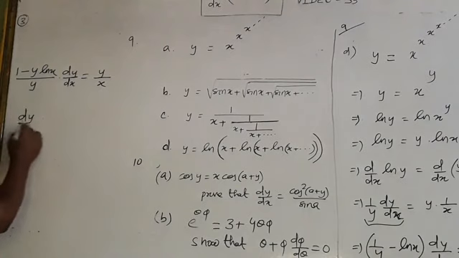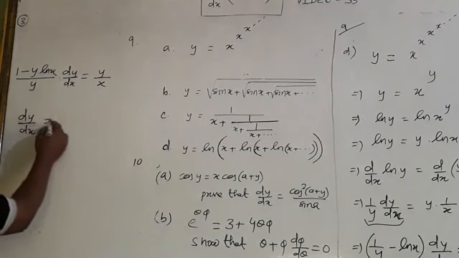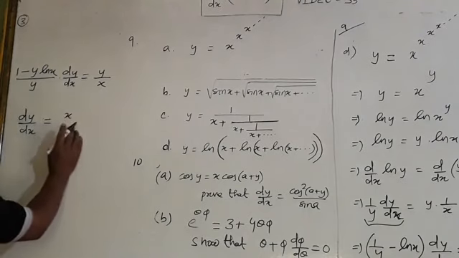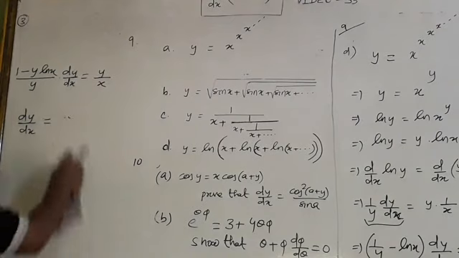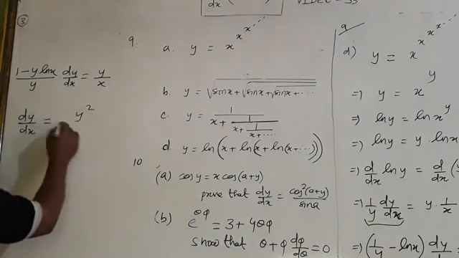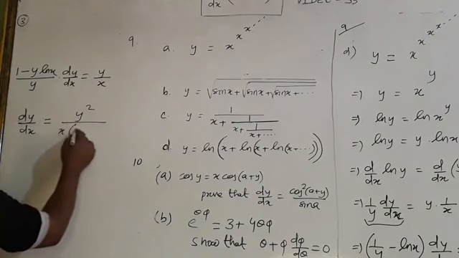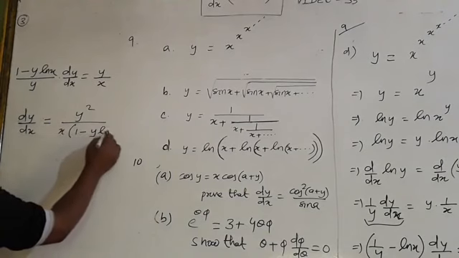Then this dy by dx is equal to, sorry, this is equal to y square by x into (1 minus y ln x).